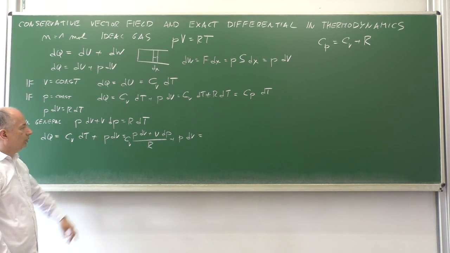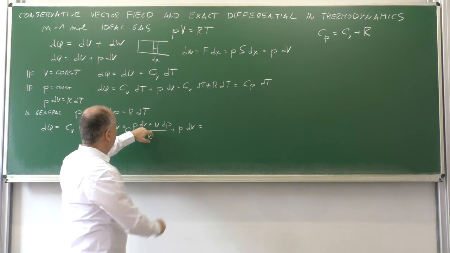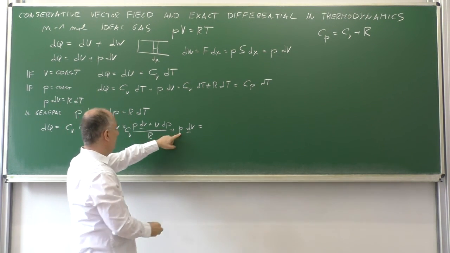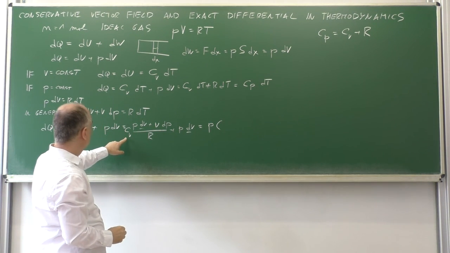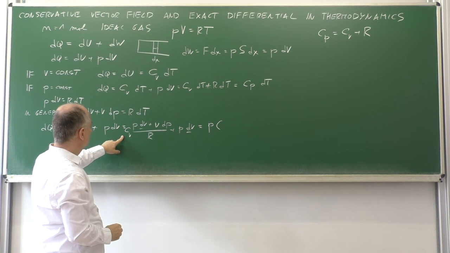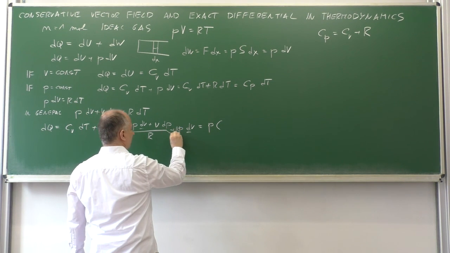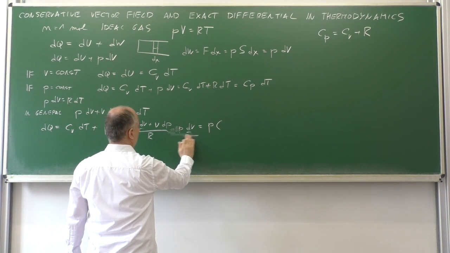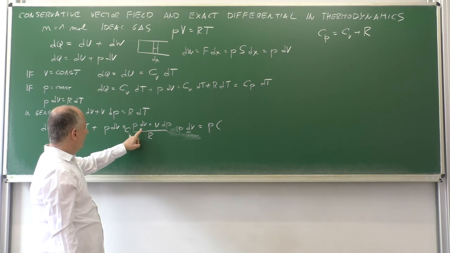And now we want to simplify this a little. So dV is multiplied by P, and we multiply by R and divide by R, not yet.